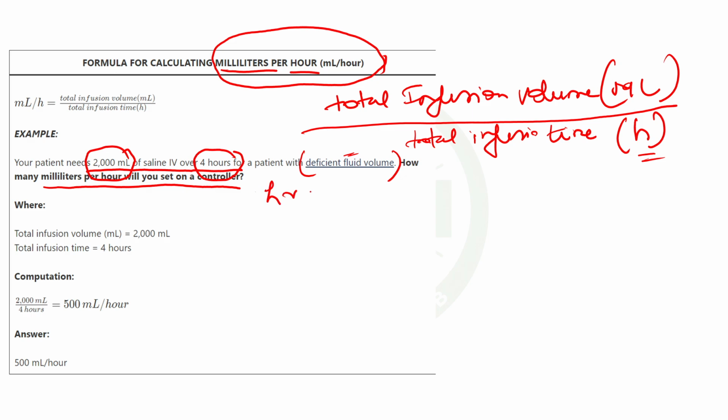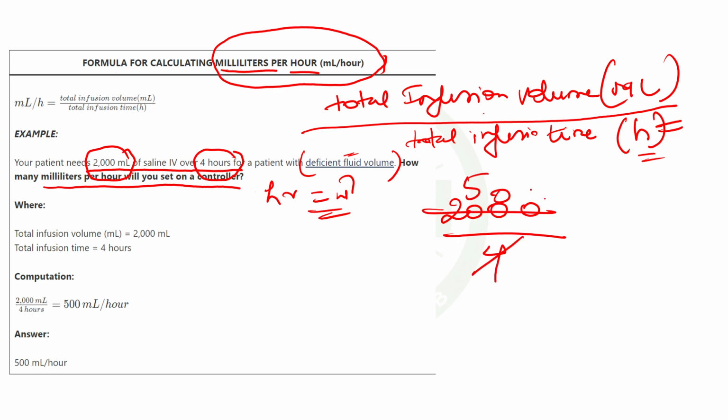We already have the total infusion volume of 2000, and the time is already in hours, so directly we can divide by 4. 4 5s are 20, so we can write it as 500 ml per hour. Clear?